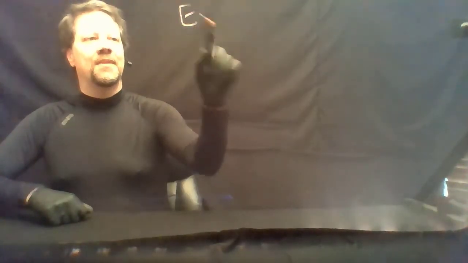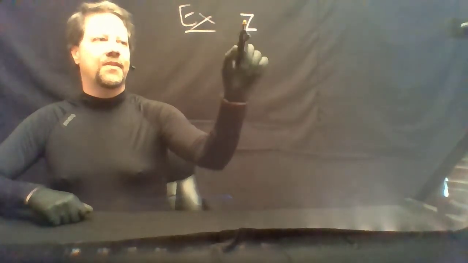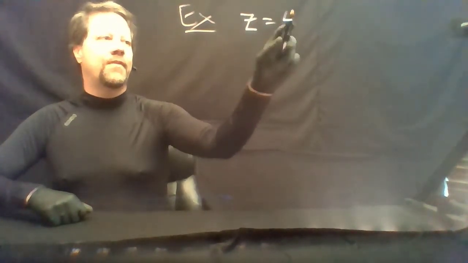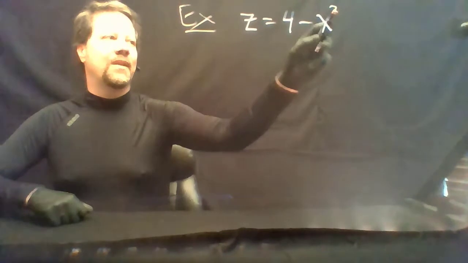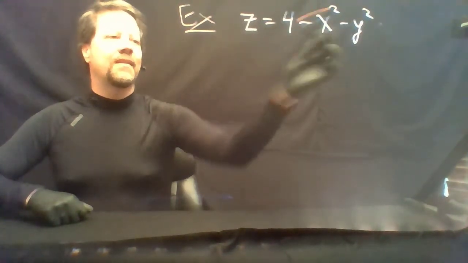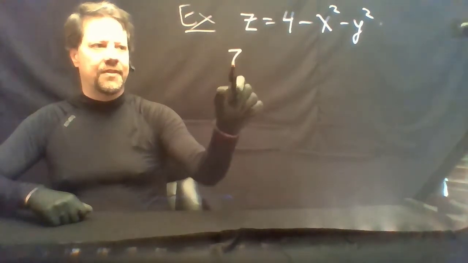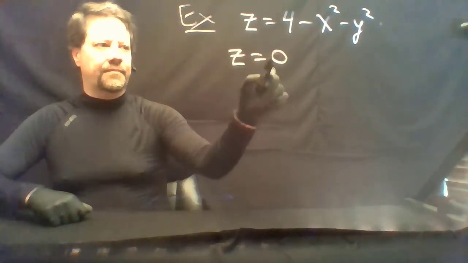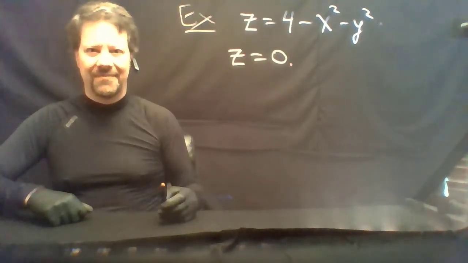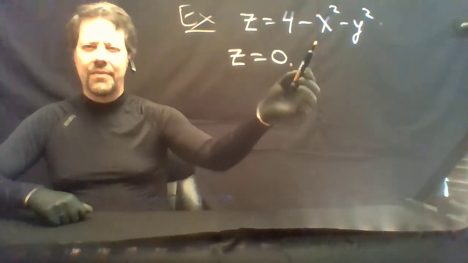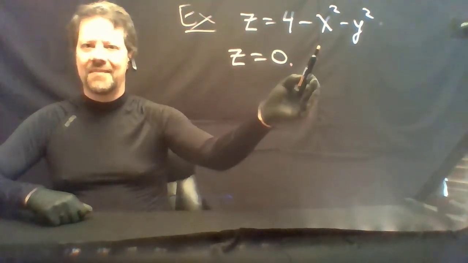Let's suppose that we have a surface described by z equals 4 minus x squared minus y squared, and we're looking for the region bounded between this surface and the surface described by z equals 0. First of all, do you recognize what kind of surface this is?